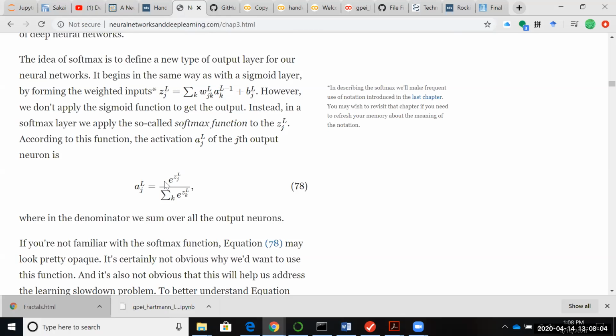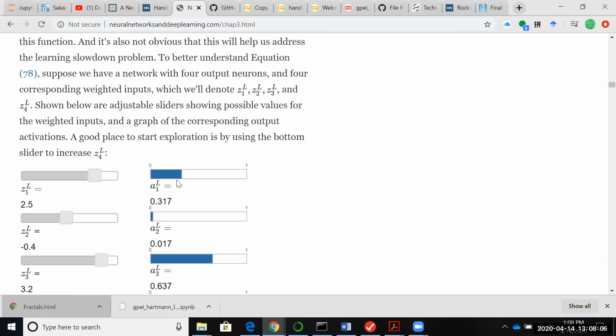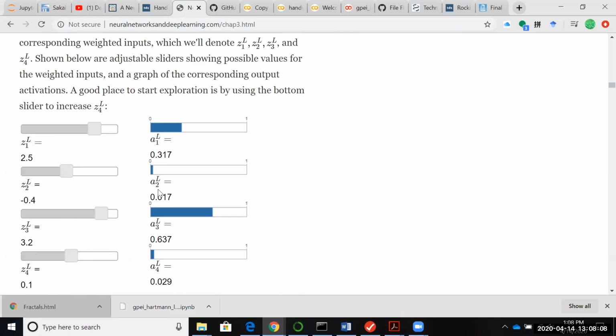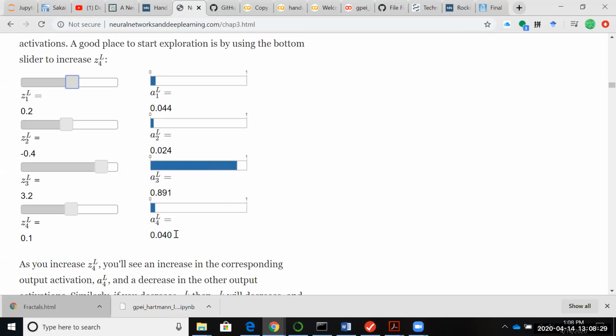Here is an example of different Z. Usually you change Z because you change all the outputs, but softmax automatically correlates one with another such that all the probabilities add together to equal 1. That's one advantage of softmax.